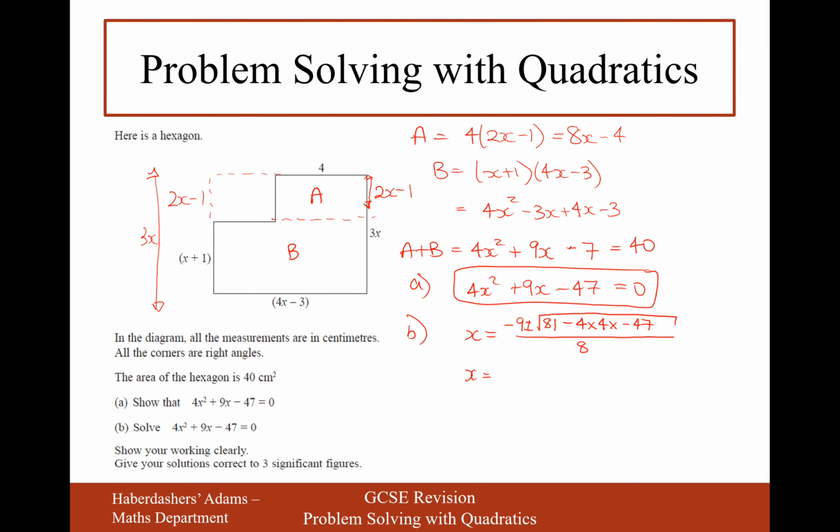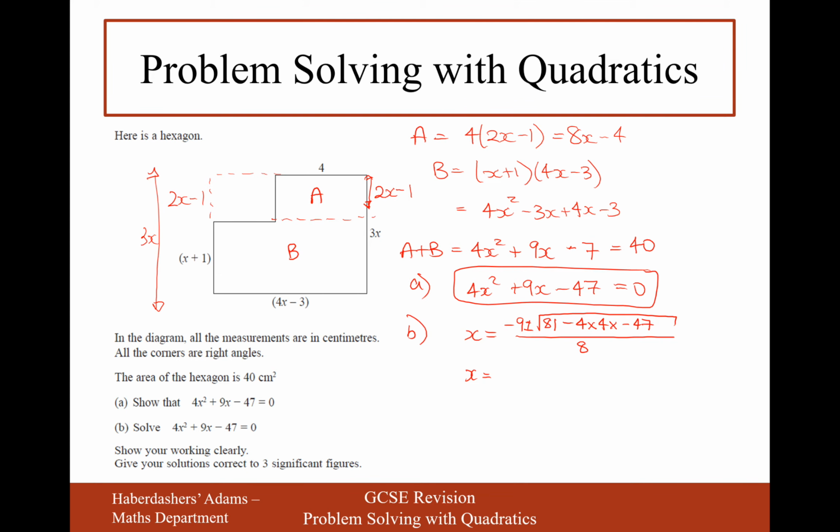So you can't see it, but I'm now typing this into the calculator. Minus 9 plus or minus the square root of 81 plus 4 times 4 times 47 all over 8. Also, it's minus 47. Don't lose out that negative. Oh, we get a negative, so I've put a minus there.